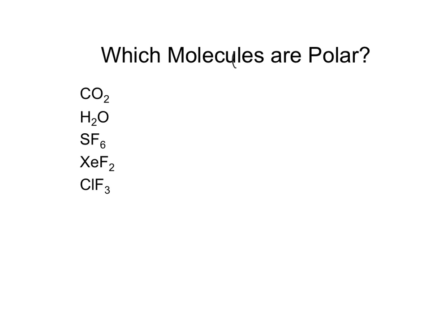So for CO2, this molecule is linear. And we talked about this before. I showed you this before. So this has a dipole pointing in this direction, and another dipole pointing in that direction. So the net dipole moment is 0, and the molecule is nonpolar.